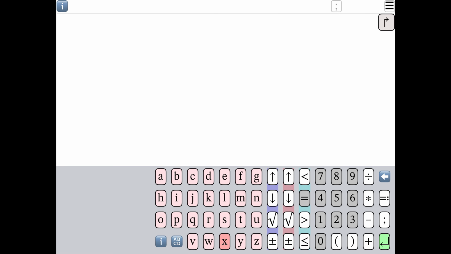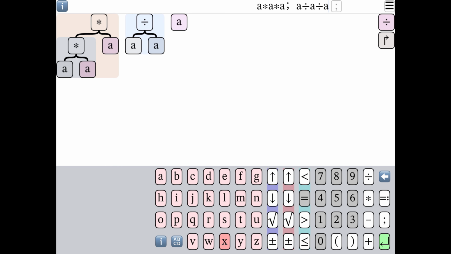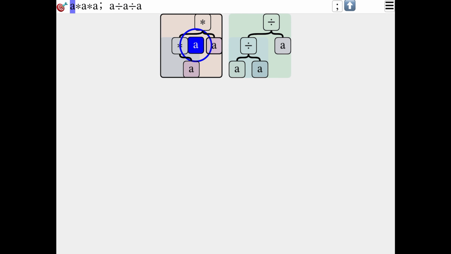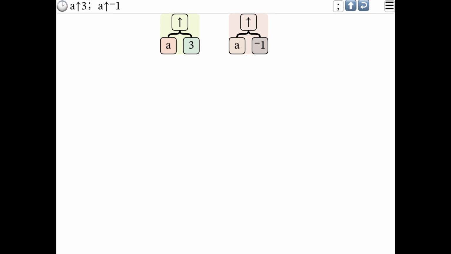Also, you can factor over multiplication or division. Or some mix of multiplication and division. Notice that the resulting operator when you do this is raise, not times.